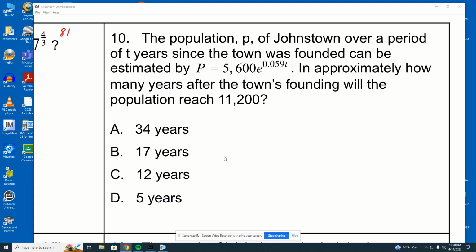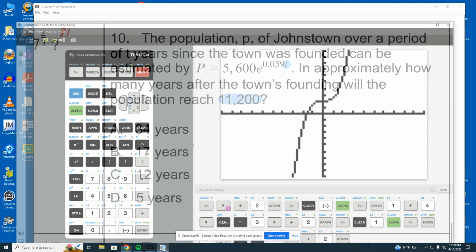It's asking in approximately how many years. So that's obviously my t. That's my time. So I'm going to plug it right here into t until I find the one that is closest to what value? 11,200. That's my goal here. That's what I'm trying to accomplish. So again, this is a straight calculator problem.